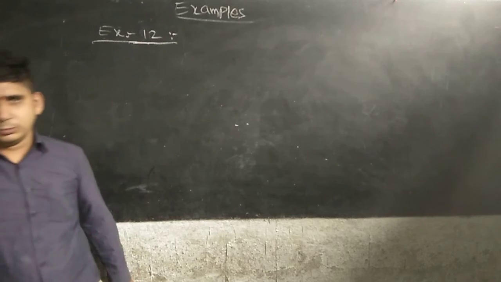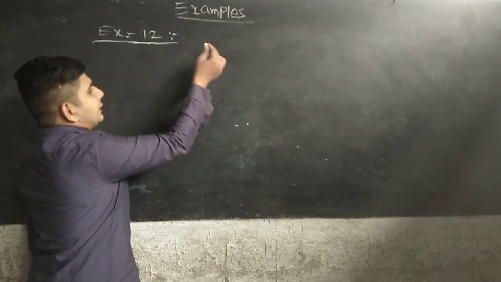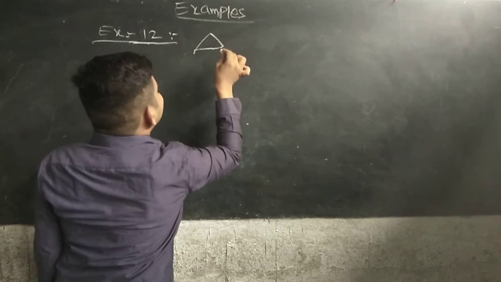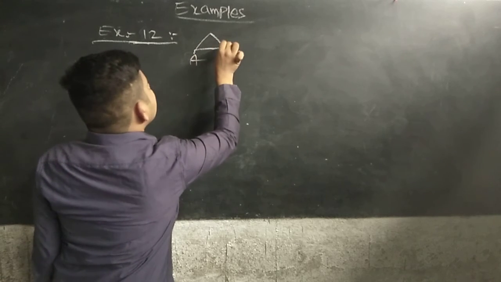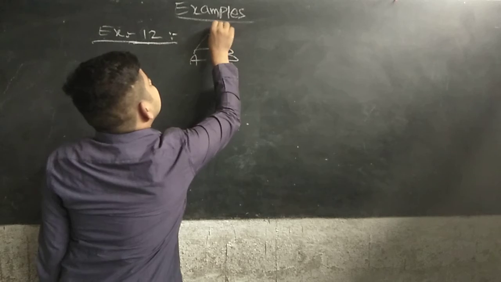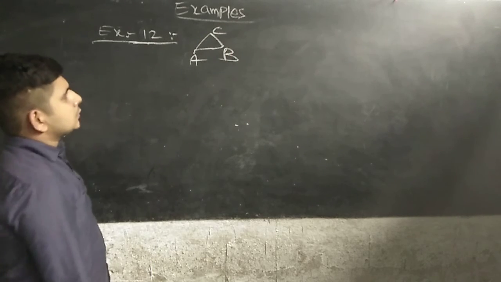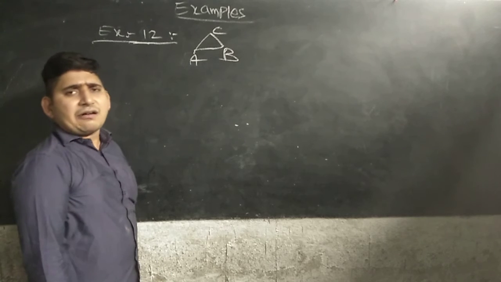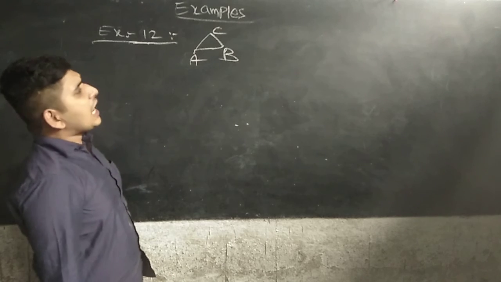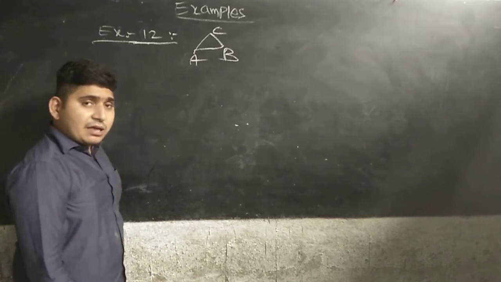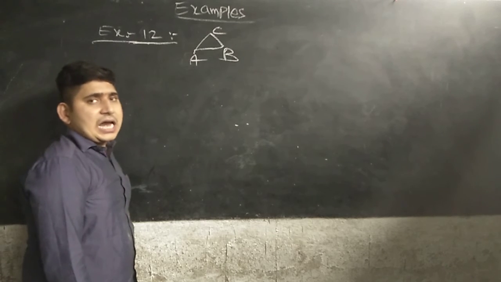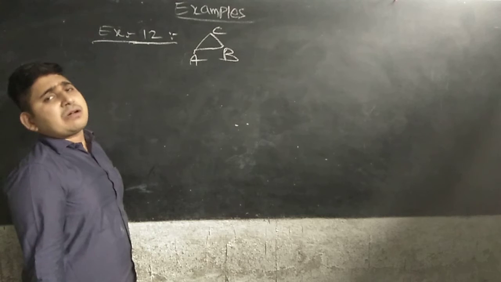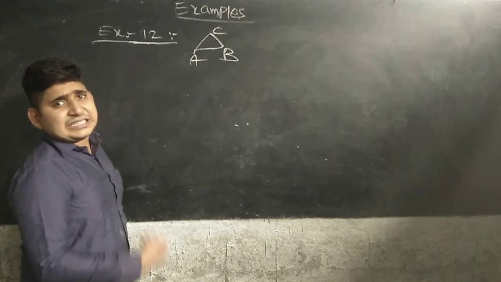Now here is a triangle ABC. A, B, C are the angles of a triangle ABC, so the sum of the angles in a triangle is 180 degrees. That is the angle sum property.